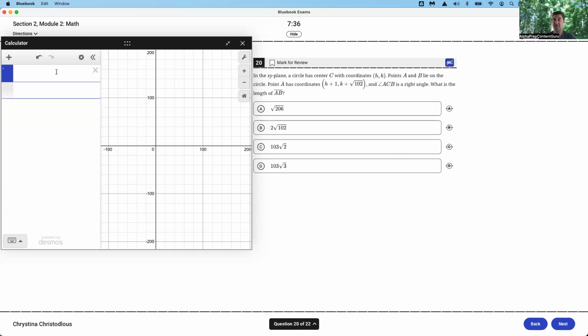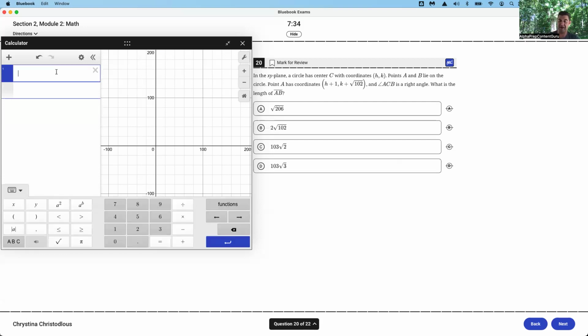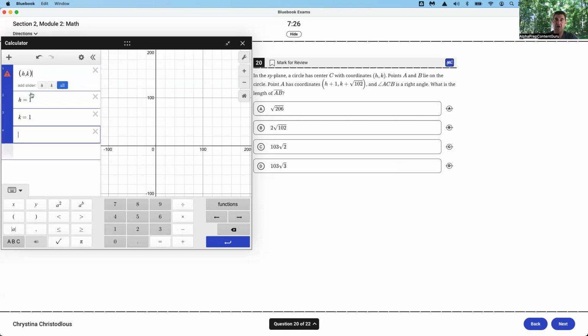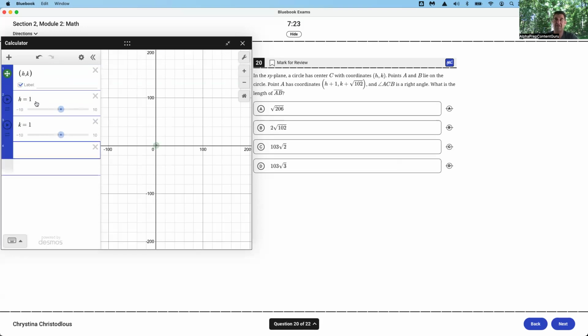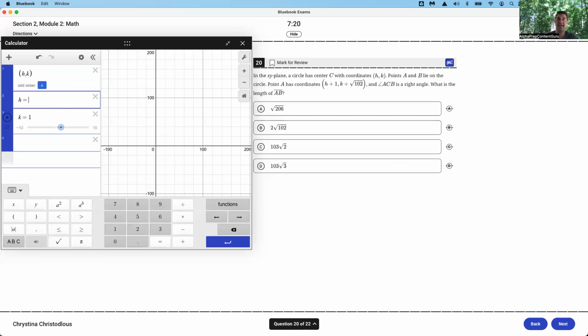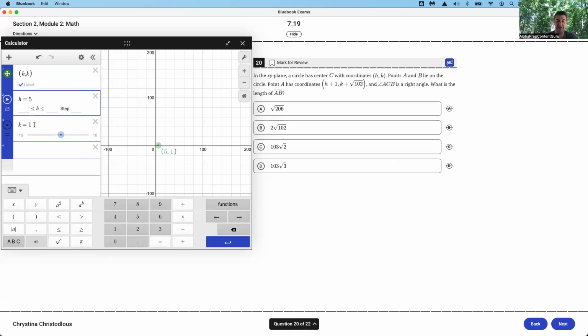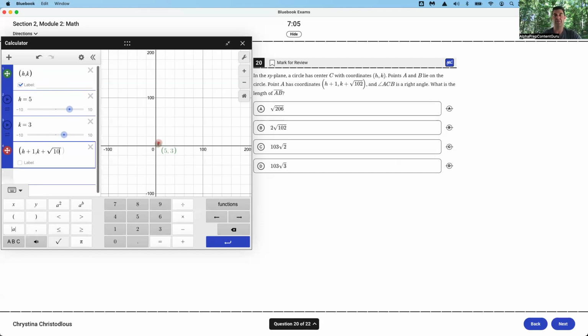So first thing I'll do, I don't really want to do this, but I'll do it just to do it. I know that H comma K is the center of the circle. And I'll go ahead and pick values for H and K. Maybe I'll make H 5, K 3. Then I'm going to say H plus 1, comma, K plus the square root of 102.